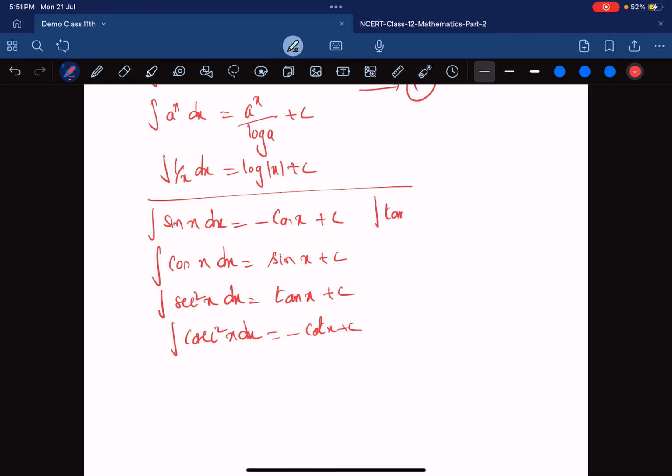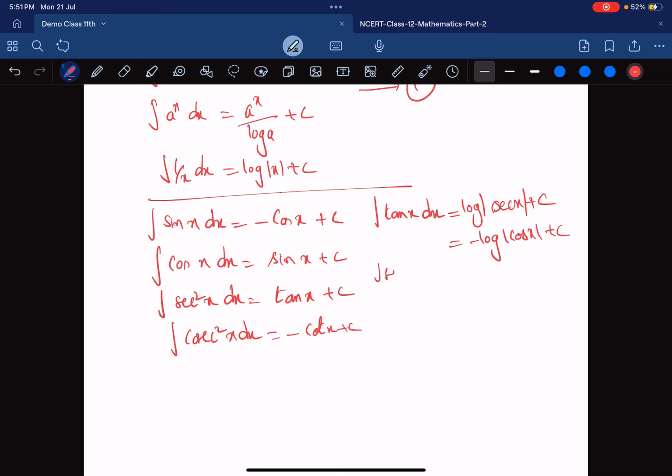Integration of tan x dx, this formula we can find by using the substitution method. Integration of tan x dx is log mod secant x plus c, or minus log of cos x plus c.